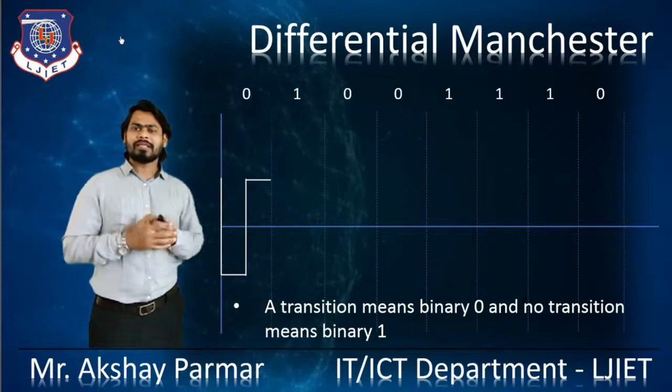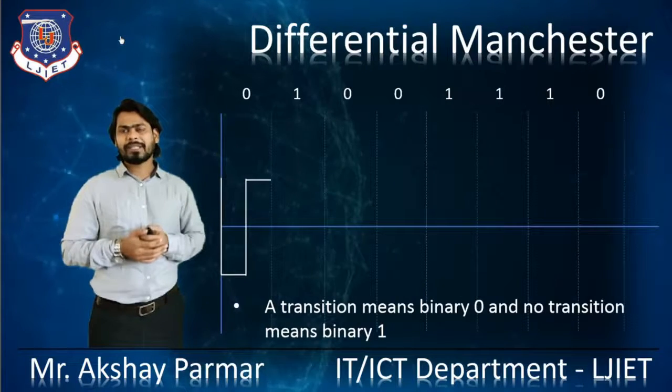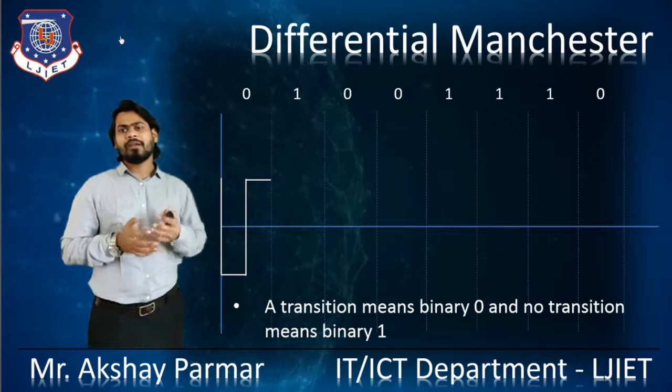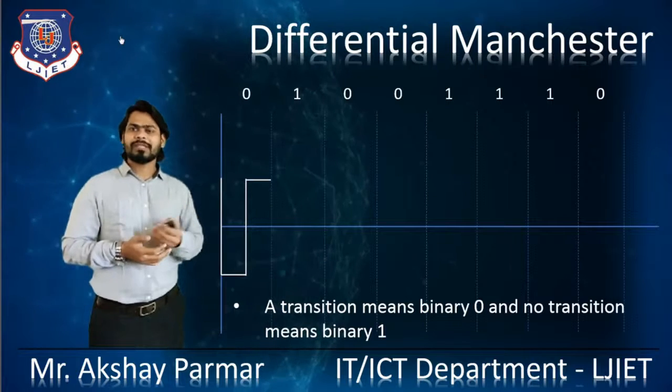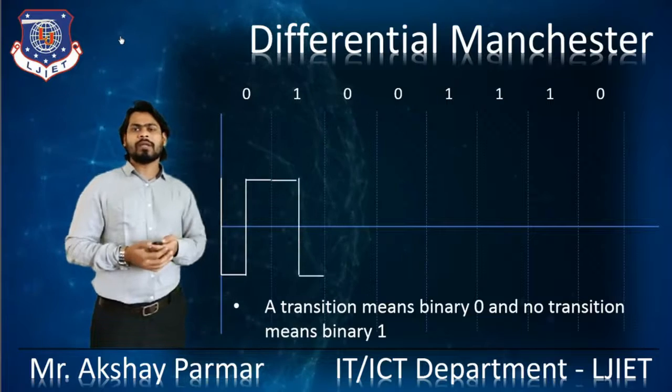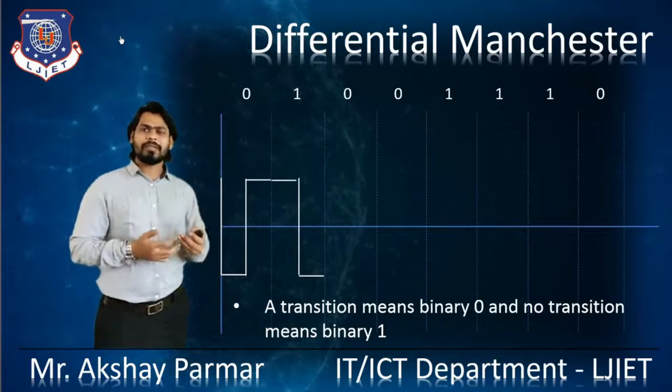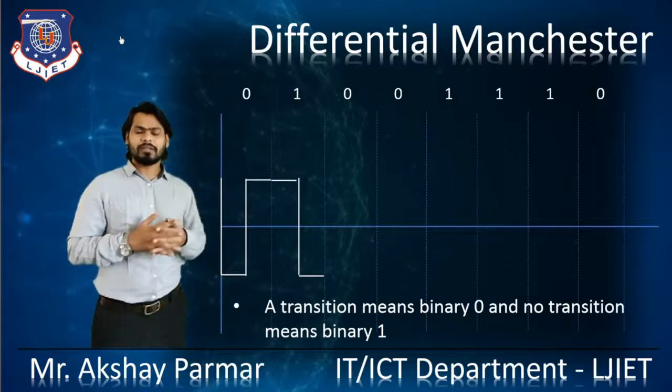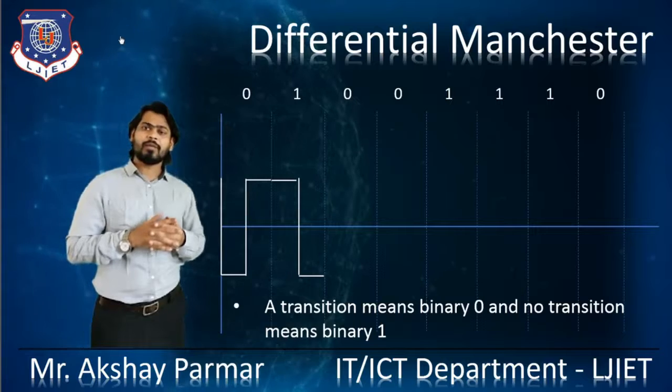After that, the bit 1 is there. To represent the bit 1, we will invert our previous transition, so we will follow the positive voltage to the negative voltage. So that's how we represent the first occurrence of the bit 1.